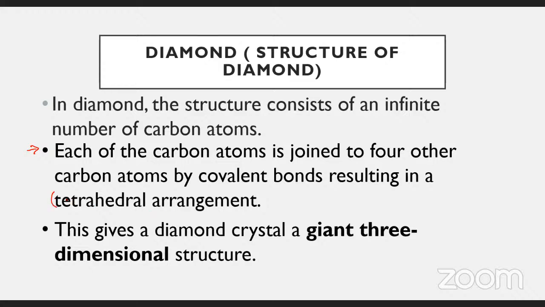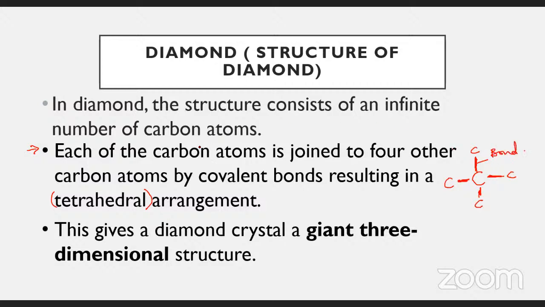When you talk of tetrahedral arrangement, this is what results when you have a carbon atom, or it can be any other element, being surrounded by 4 other carbon atoms, or any other elements. But in this case, we're talking about carbon. So here we have carbon, here we have carbon, also we have carbon. And each line you are seeing here is what we call a bond. If you have done bonding, each line you see is what we call a bond.